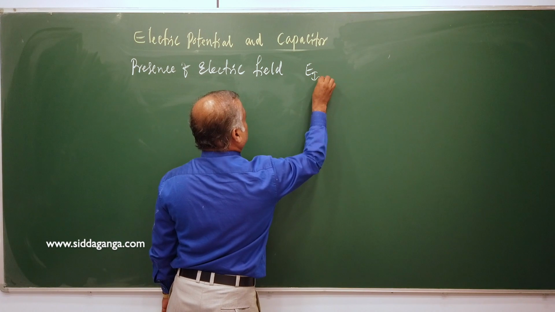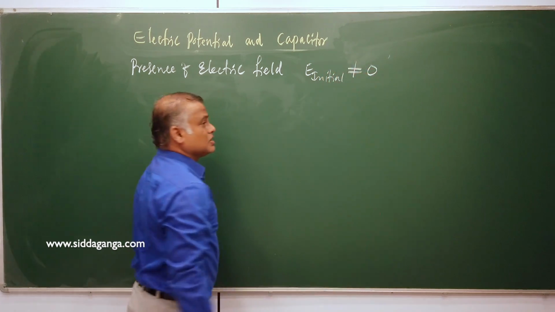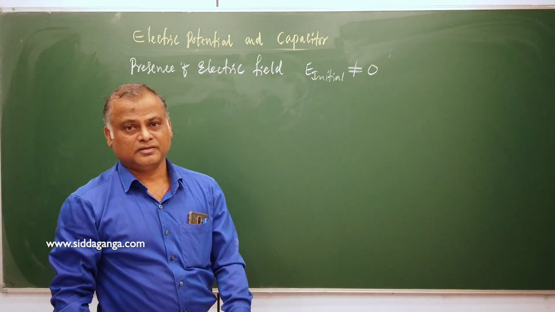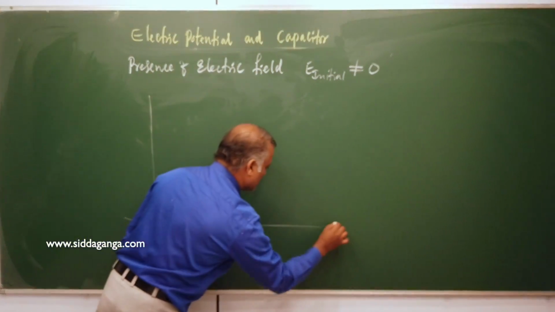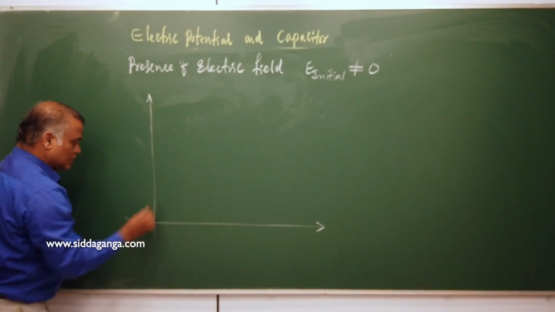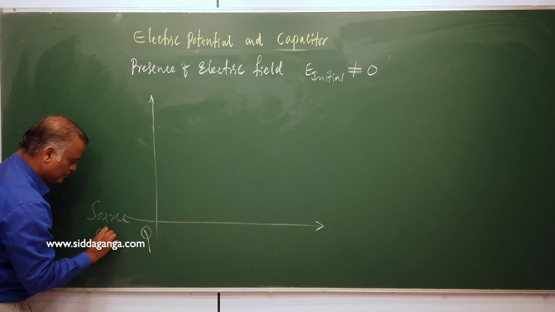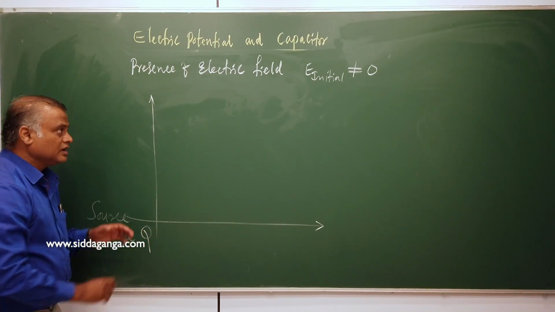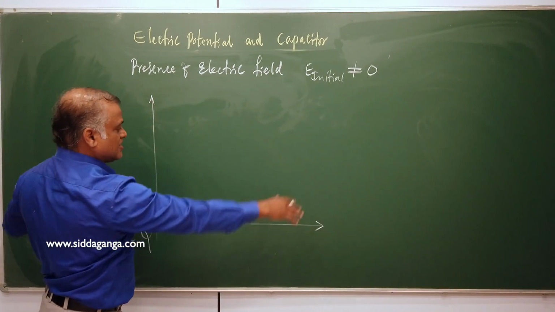Initially, electric field is not equal to 0, means some electric field is there. Say there is one source charge, source. This source charge Q is producing some electric field.